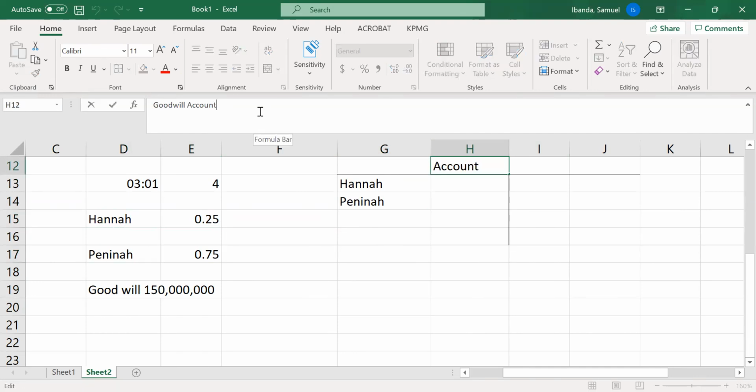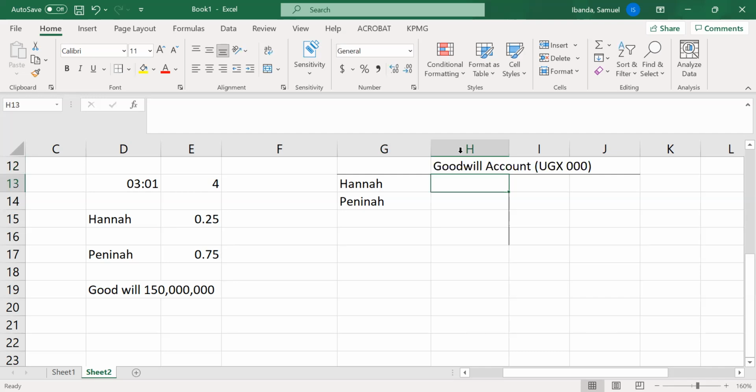I'll put a degree of precision here, very important: 1,000. So these amounts are in 1,000. Remember, you can put it on top or you can put it here and also here. So Hannah, from what we've been given, because it's Hannah and Penina. I think I interchanged.